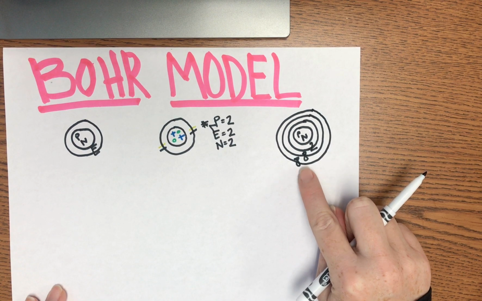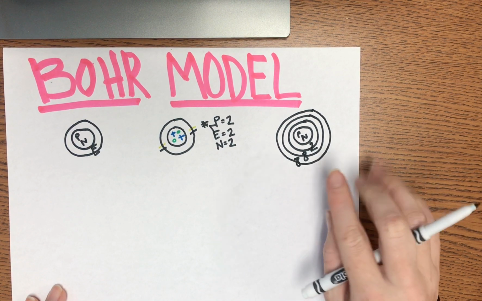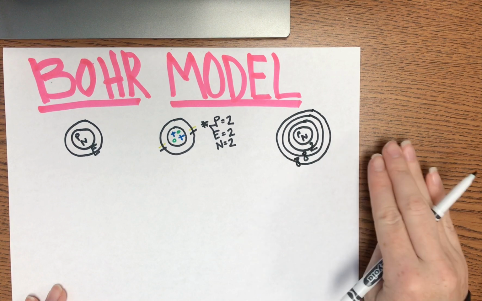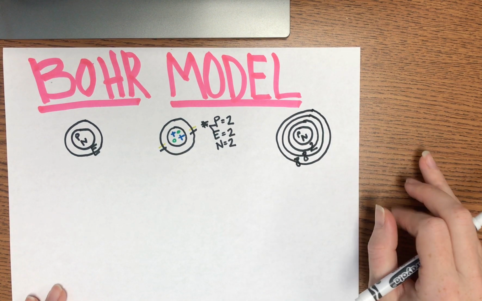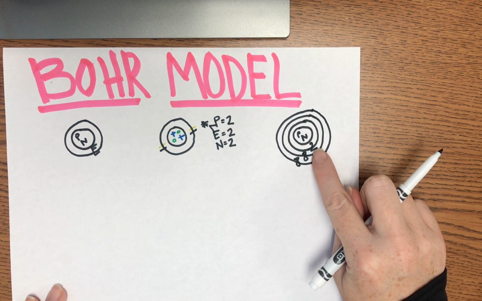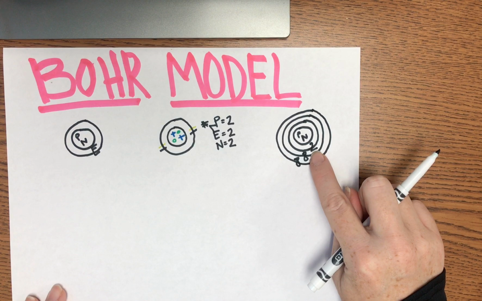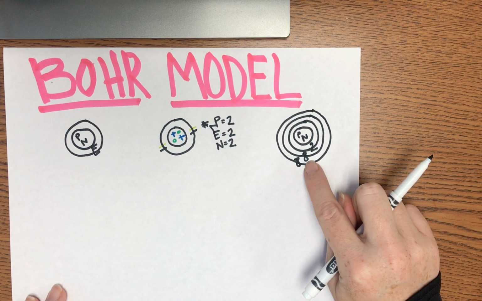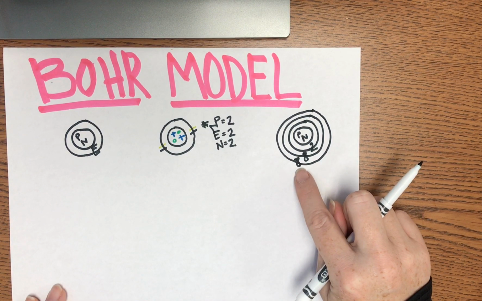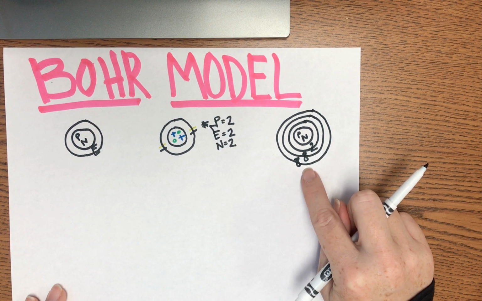This is the rule we use in 8th grade here in Denton because this keeps it simple and then we don't have to start going into subshells. So for 8th grade science, we remember the first ring has 2 electrons, the second ring has 8, the third ring has 8. In 8th grade, we really don't build atoms much larger than this.